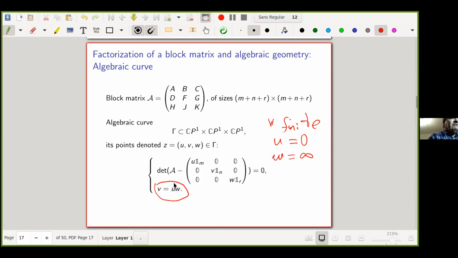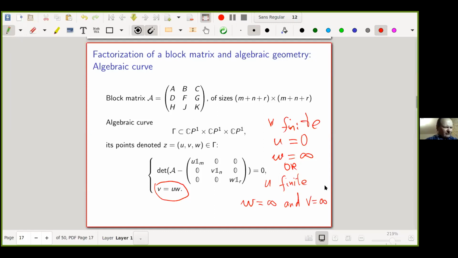Or, for instance, U may be finite, and then W equal to infinity, and V also equal to infinity.